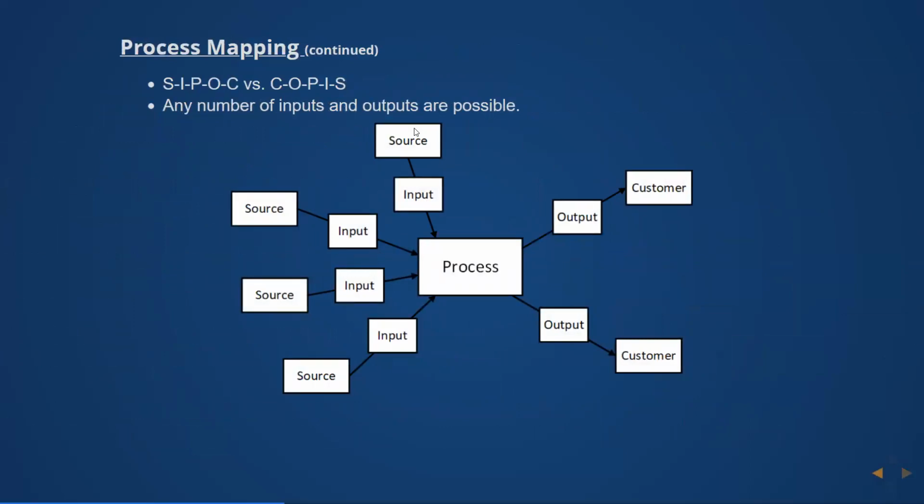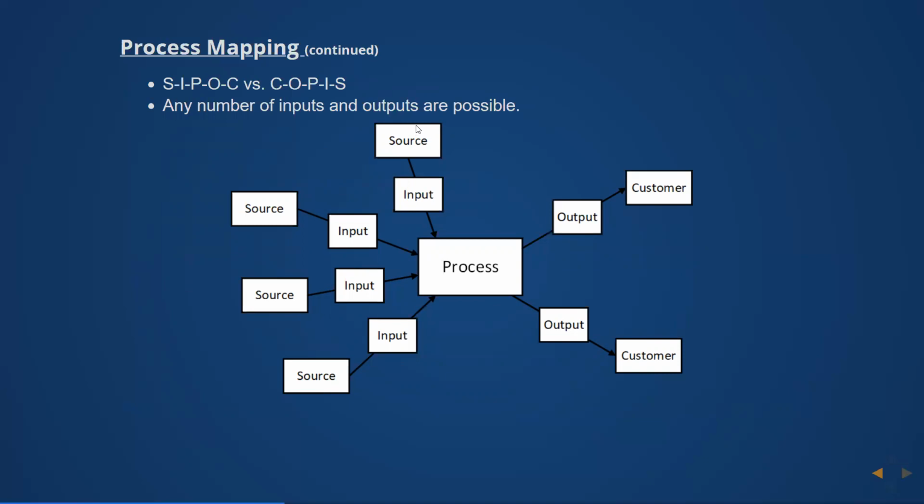If you're trying to find out what's going on, if you're doing discovery, what you want to do is look at each process, figure out what all the inputs are and where they're coming from, and what all the outputs are and where they're going. There can be any number of these.